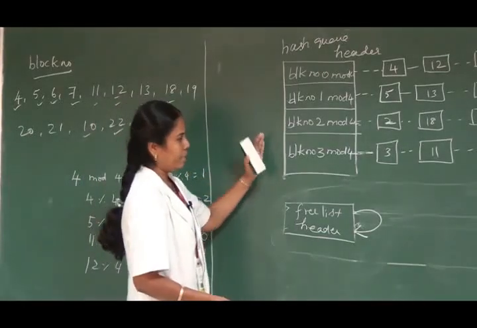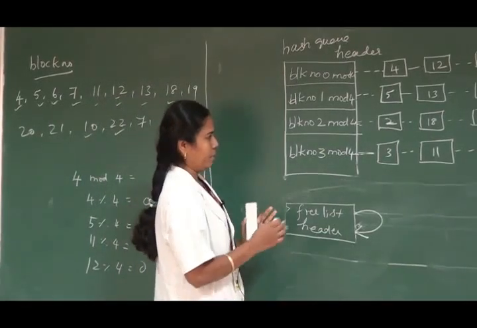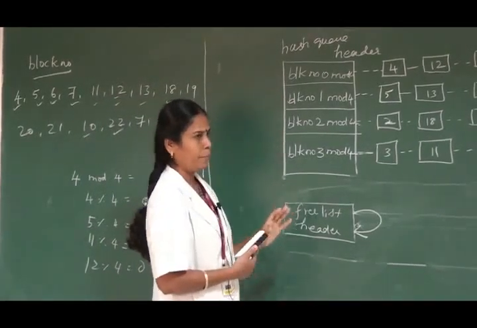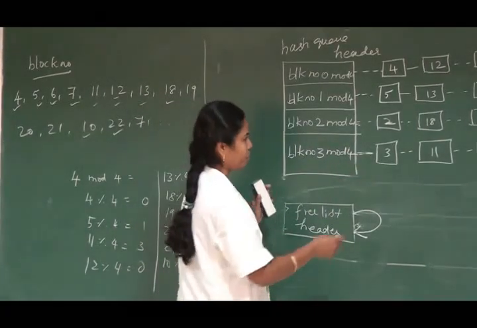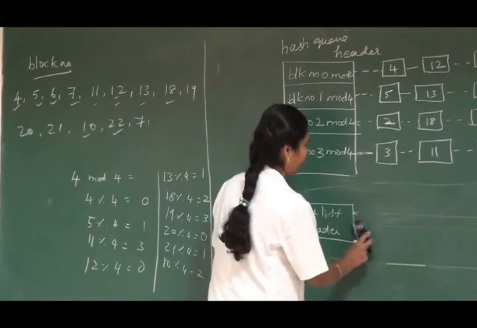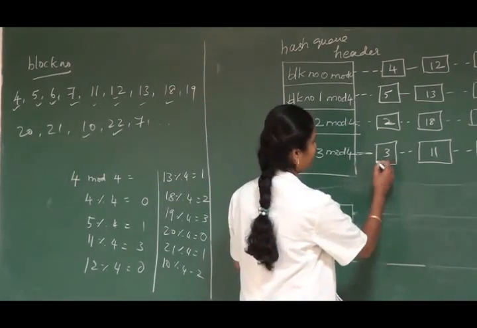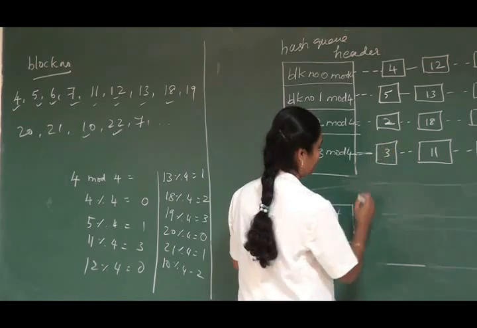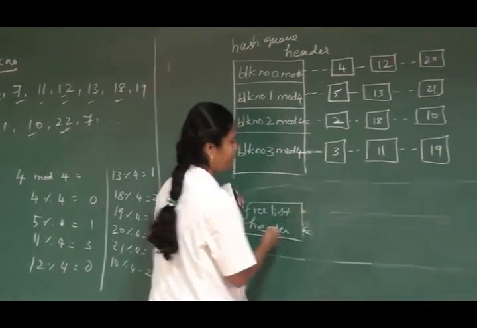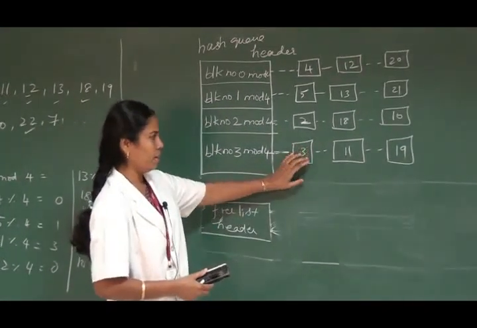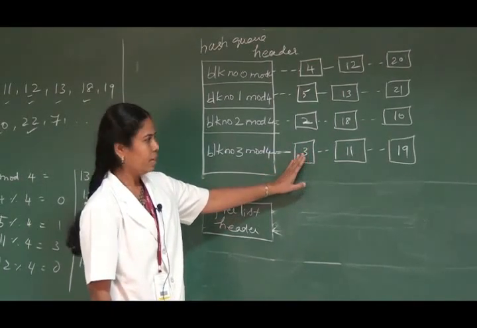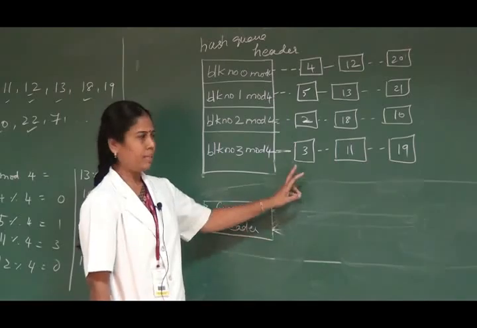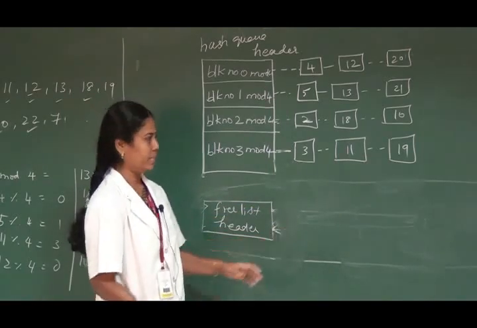After allocating these 12 buffers, after the process is over, some processes will release some of the blocks. For example, the block number 3 is released by some process. Then if the process is over, the updated contents of the buffer 3 are written back to the disk and it is added to the free list.